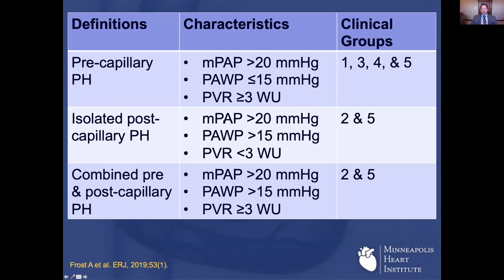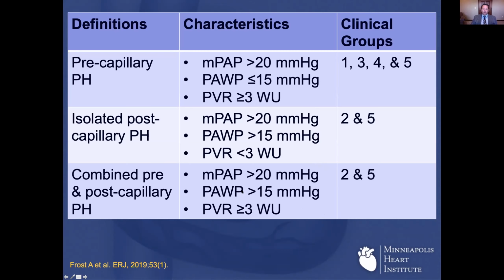And when we look at isolated post-capillary pulmonary hypertension, we're really talking about patients with predominantly group 2 PH, where the mean PA pressure is elevated, the wedge is also elevated, and the pulmonary vascular resistance is low. And then in patients with combined pre and post, they have, by definition, a mix of both pre and post capillary PH.